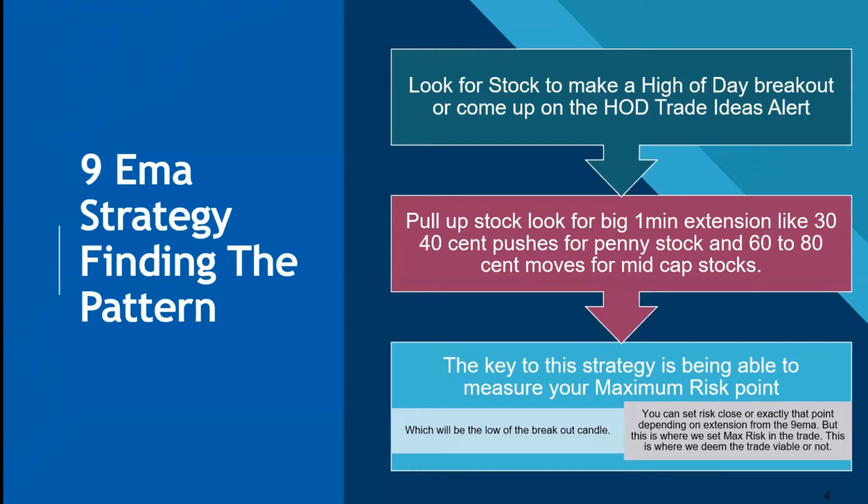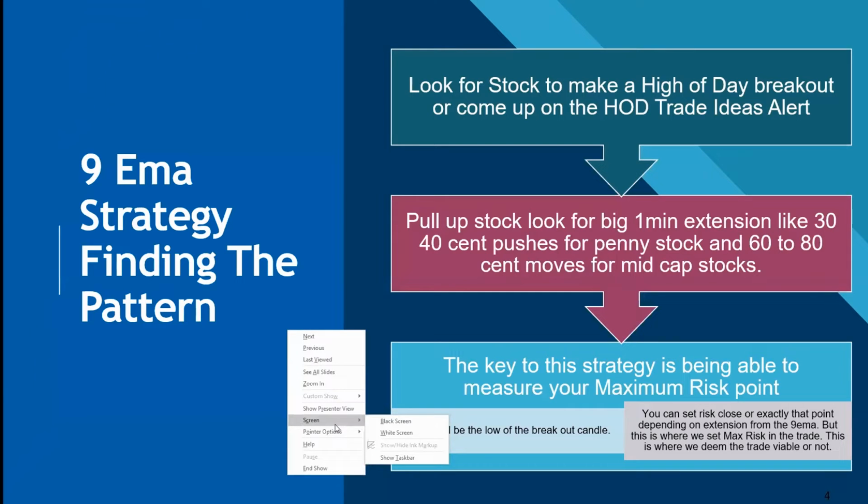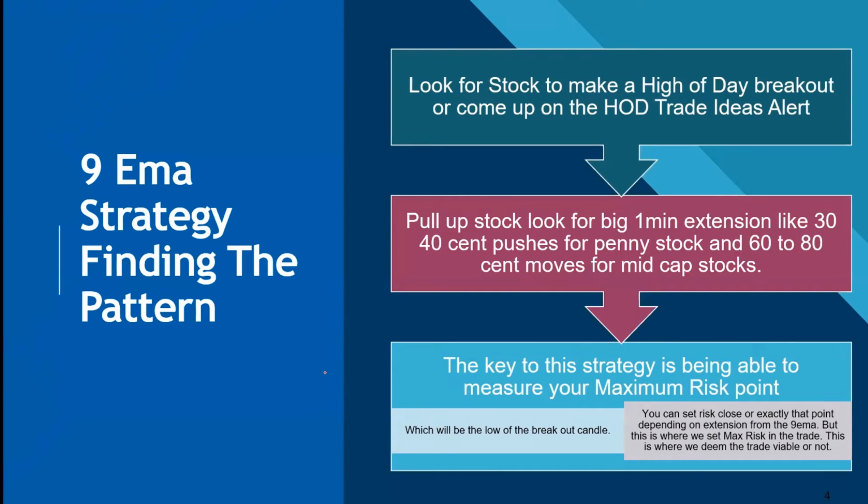So the maximum risk on this strategy is actually going to be the low of the breakout candle. A lot of stocks have like this huge, huge breakout move. Let me get a little pen. We'll get a nice, big, big candle. The real key in understanding the risk is knowing where this big candle is. Where the big candle is, the support right here is going to be your maximum risk.